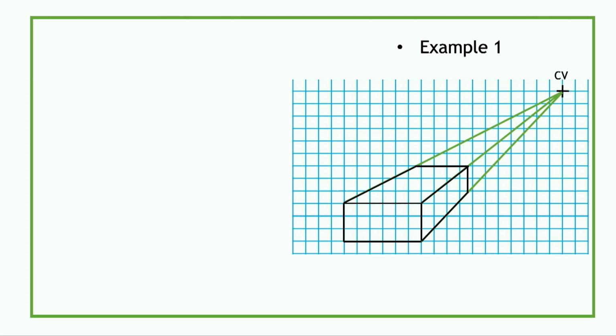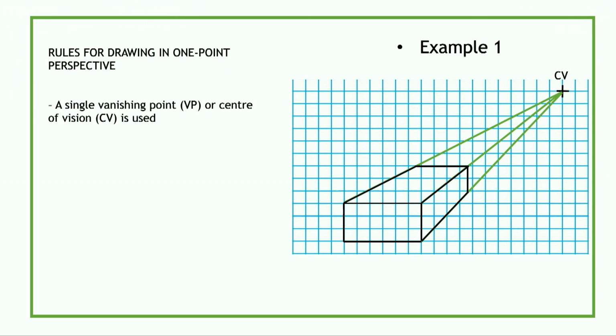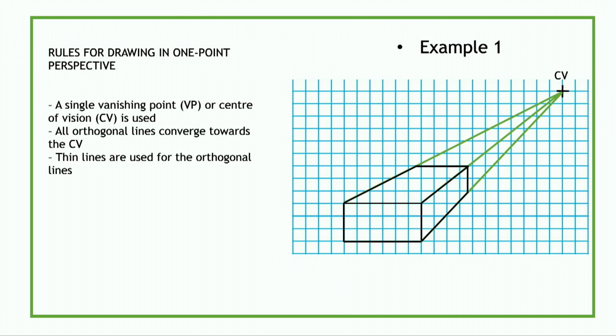When drawing in perspective projection, you will observe that a single vanishing point or center of vision is used. All orthogonal lines converge towards the center of vision. Thin lines are used for the orthogonal lines.